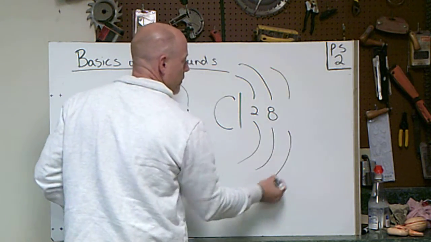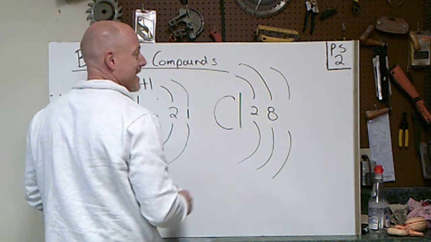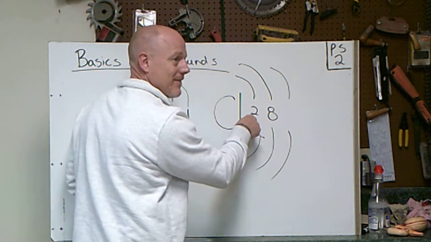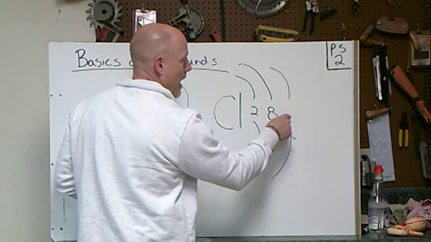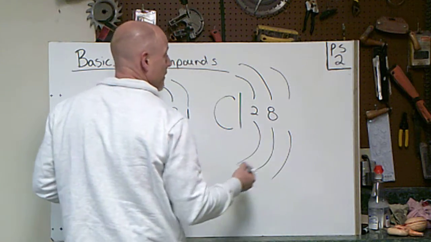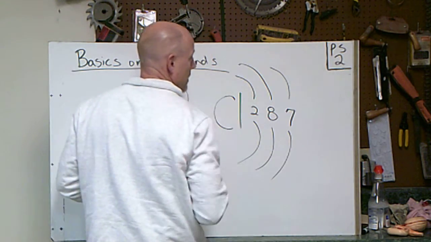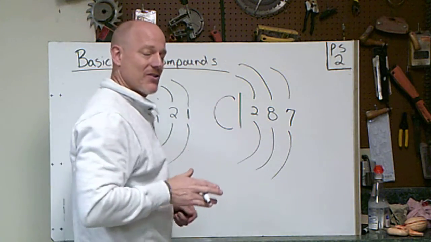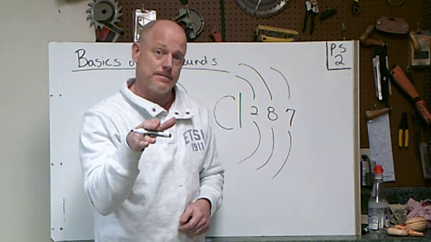If we're doing a valence shell diagram for chlorine, it has 8 plus 2 makes 10, its total is 17. So how many go in that last outer shell? And the answer for that is 7. Now, it wants to be stable at 8. 8 makes it stable. It has 7.